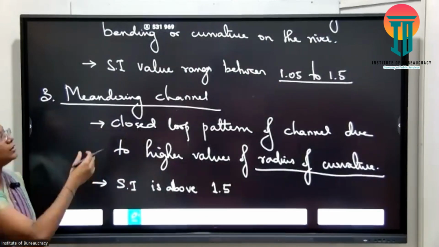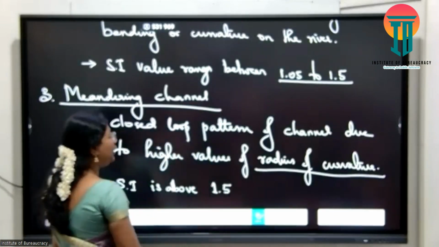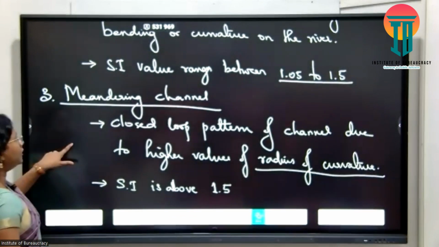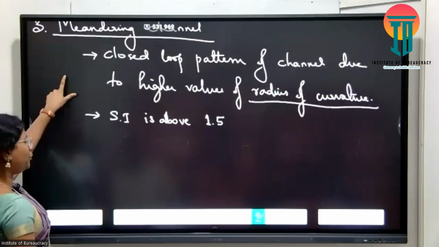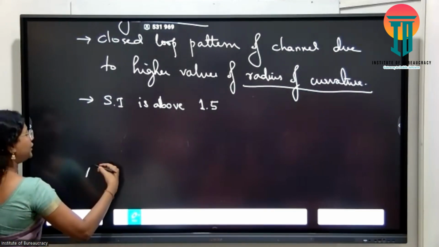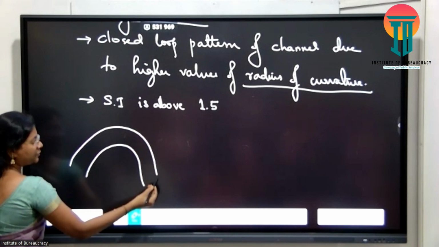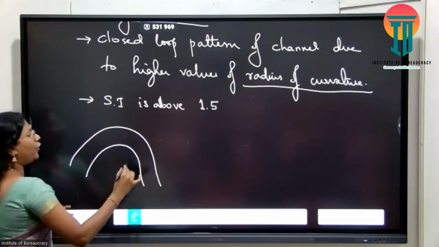1.5 க்கு மேல இருந்தா 1.05 ல இருந்து 1.5 வரைக்குமே அது என்ன? அது என்னோட சைனஸ் சேனல். மியாண்டரிங் சேனல்ங்கிறது அதை விடவே ரொம்ப இன்டென்ஸ் கர்வேச்சர். அதை எப்படி ரெப்ரசென்ட் பண்ணுவாங்க சைனாசிட்டி இண்டெக்ஸ்ல? திஸ் இஸ் மை ரிவர், this is my river. I'm going to consider two important crossovers.